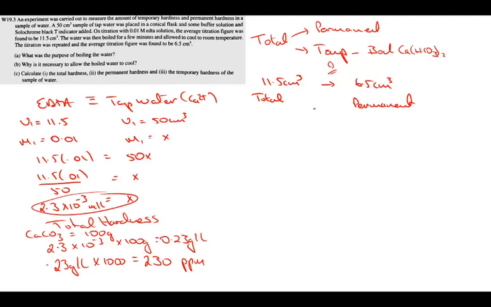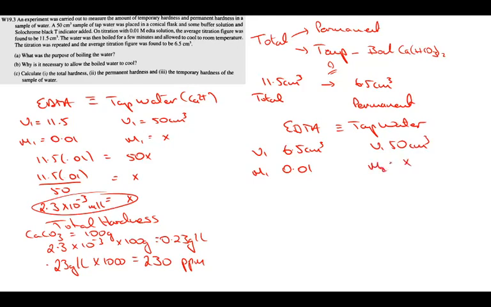Okay, let's go to the other one where we have 6.5. So the only change again is that we still have our EDTA versus our tap water. But this time EDTA drops to 6.5 centimetres cubed for the volume. The molarity stays the same, 0.01, and the tap water is still 50 centimetres cubed, and its molarity is unknown because we've boiled it.